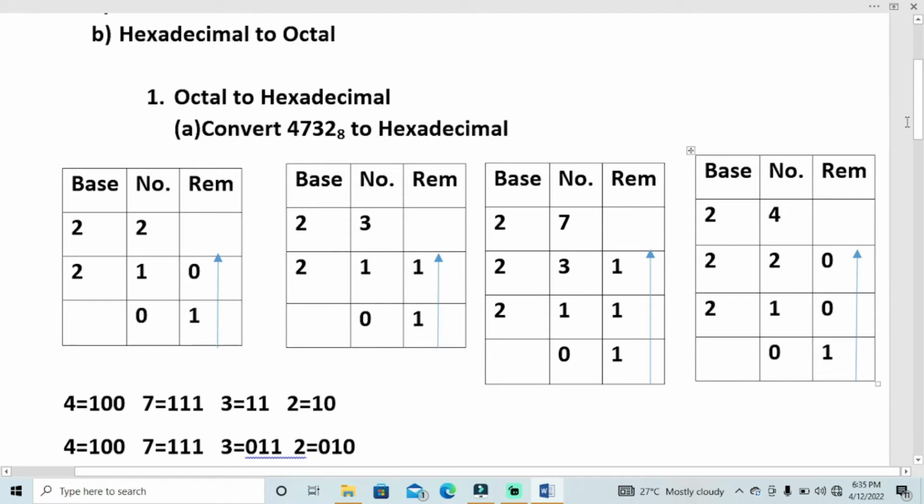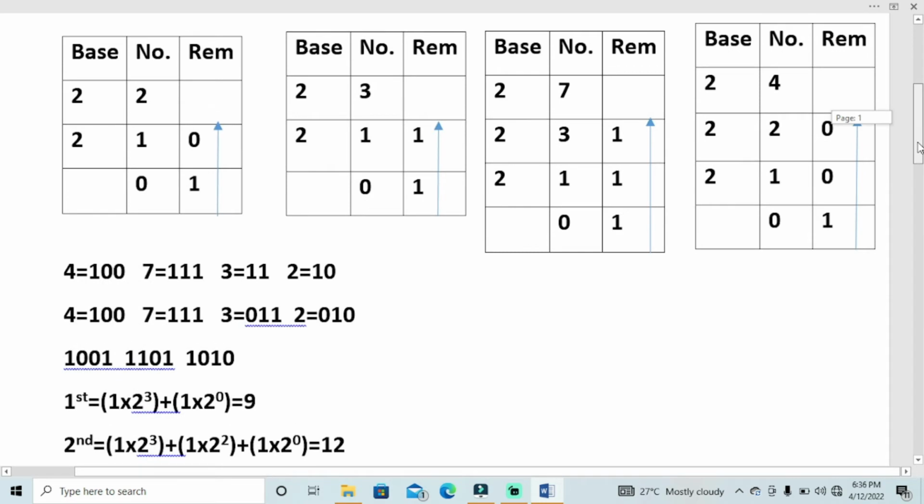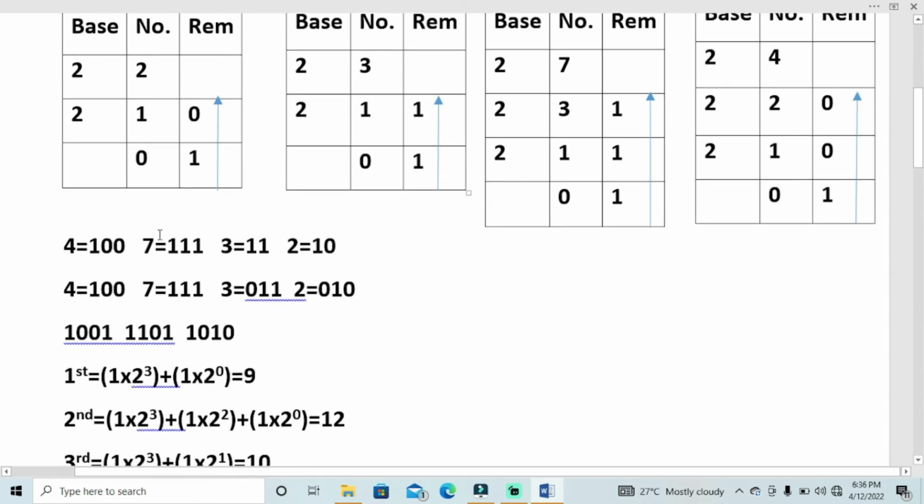So you just want to arrange the binary bits for each and every number down here, and you can see for 4 we have 1 0 0, and for 7 we have 1 1 1, and for 3 we have 1 1, and for 2 we have 1 0.